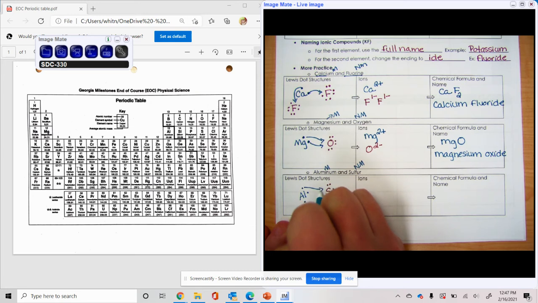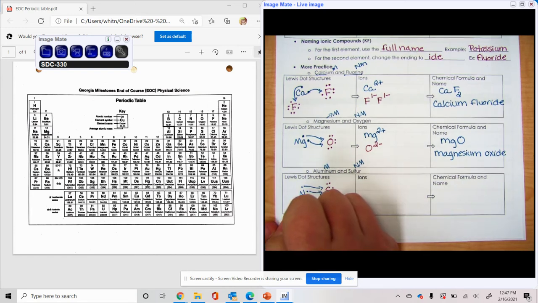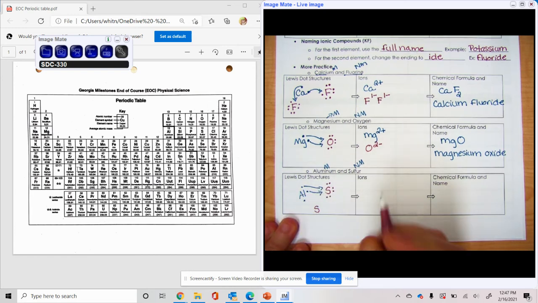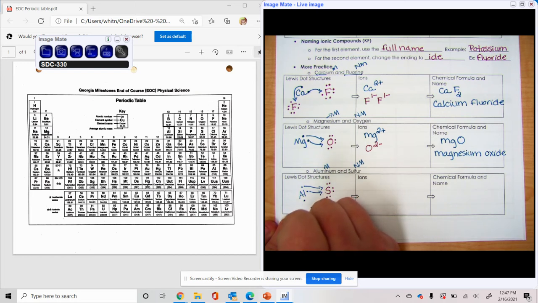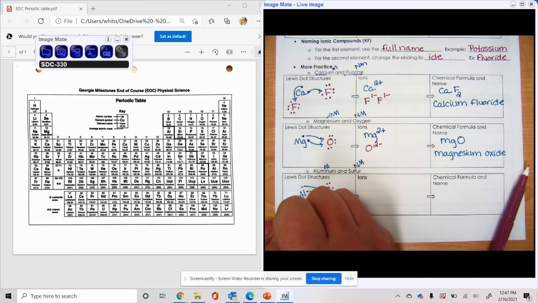Aluminum loses 3 here. Okay, now sulfur's full, but there's an extra aluminum. I'm not going to transfer to another aluminum, so I'm going to draw another sulfur. And I'm not just going to draw 7 because sulfur has 6 valence electrons. 1, 2, 3, 4, 5, 6. Okay. Now this aluminum is done.